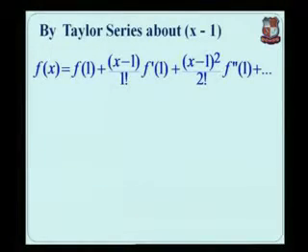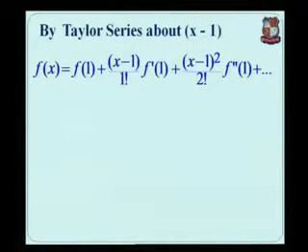so in the Taylor series formula a is replaced by 1. So formula f(x) is equal to f(1) plus (x minus 1) by 1 factorial f'(1) plus (x minus 1) square by 2 factorial f''(1), and so on.